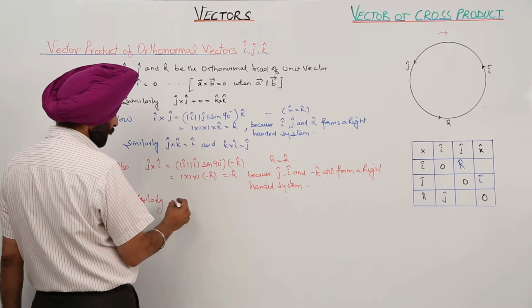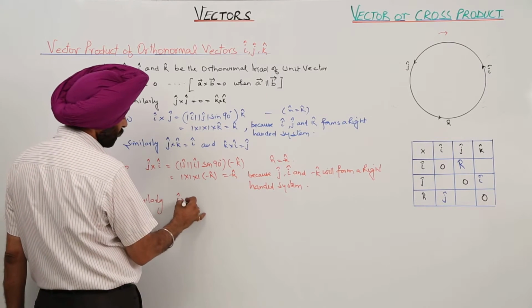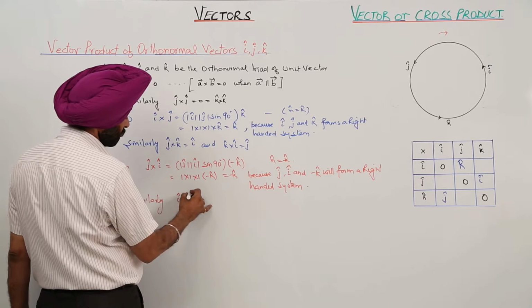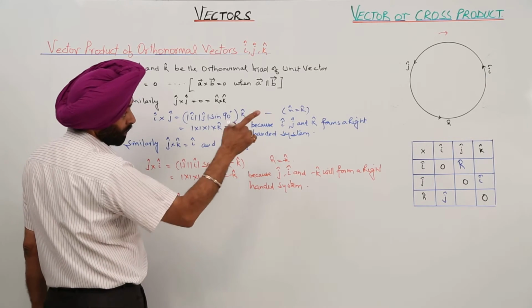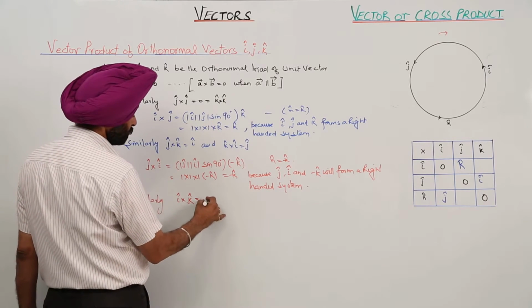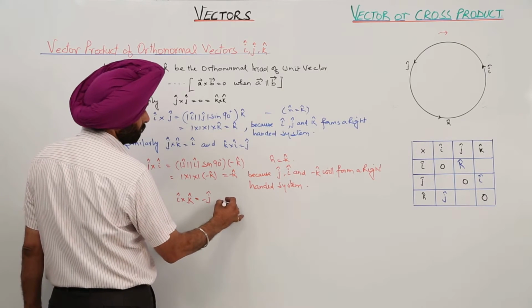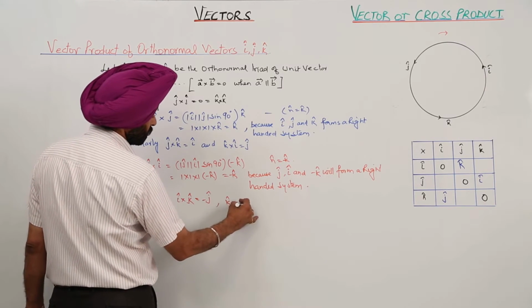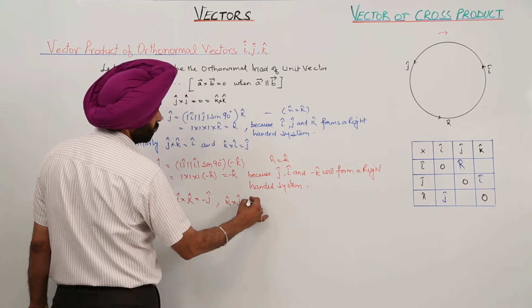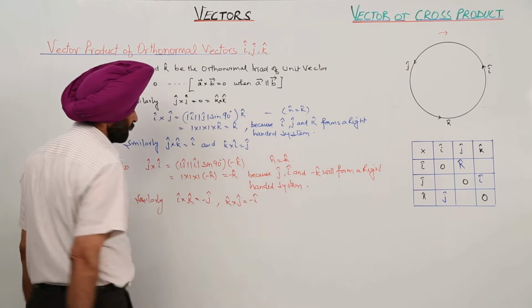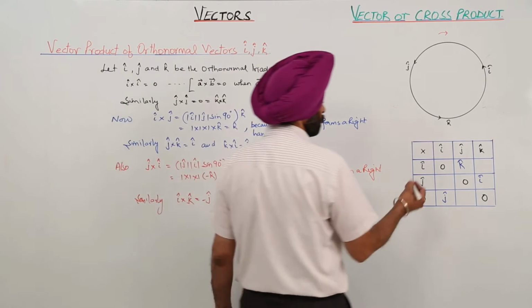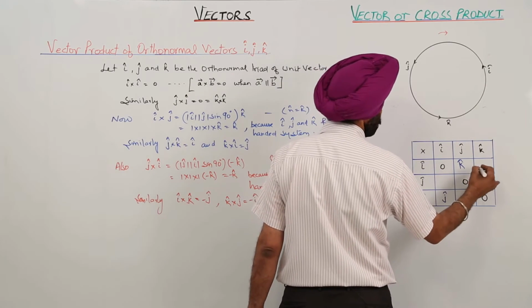Now I took j and i, you are going to take i cap cross k cap. Now i cap cross k cap will be negative of j cap, and k cap cross j cap will be equal to negative of i cap.